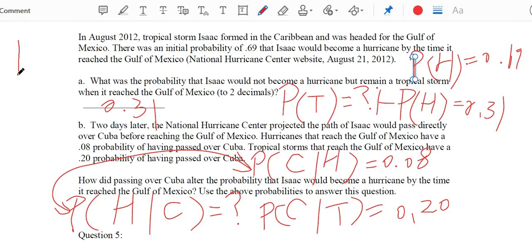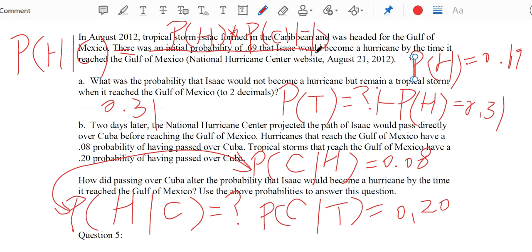We're looking for the probability of H given C. Bayesian theory tells us it will equal the probability of H times the conditional probability, where you flip your condition: given H, the probability of C. For the denominator, you repeat your numerator, P(H) times P(C given H), plus your complement event of H, which is the probability of T, times the probability of C given T.